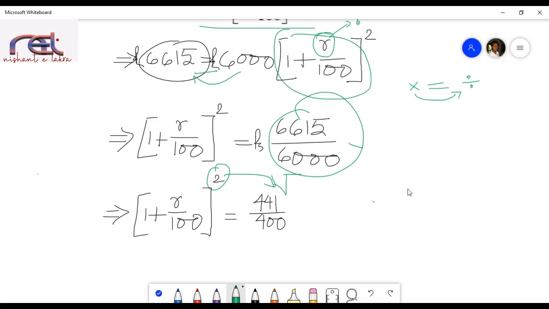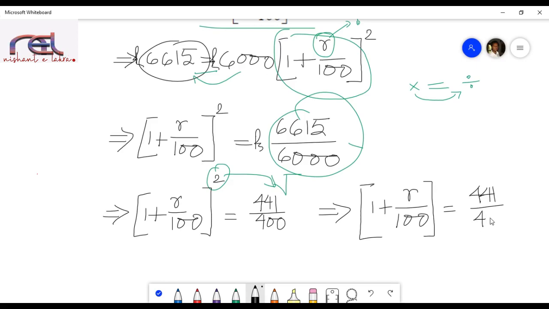When we move square to the other side of equal sign, the square changes to square root. So 1 plus R by 100 is equal to the square root of 441 by 400.